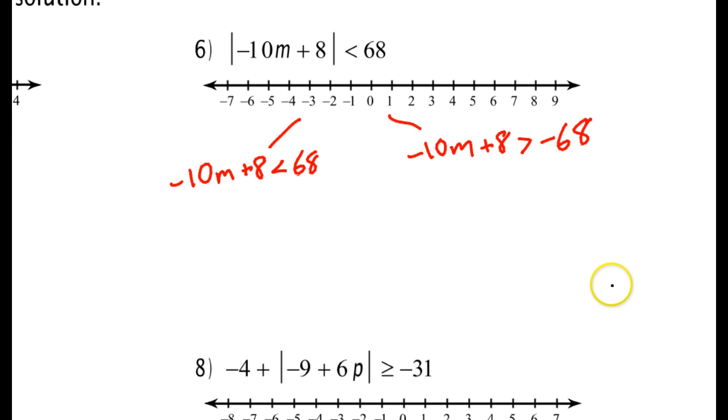Okay, is that correct? Verify my work. Just notice how I just changed those. So it's less. The first one's less than positive. The second one's greater than negative. Switch to both sides. Okay, let's solve. 60.